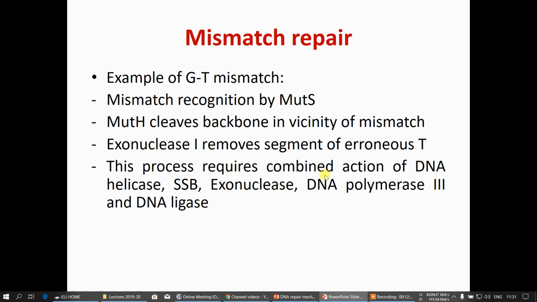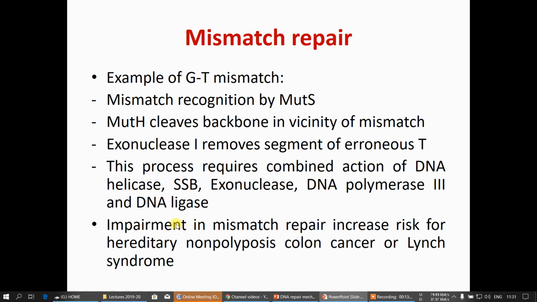This process requires the combined action of the DNA helicase enzyme for separation, single strand binding protein for binding of single strand DNA, then exonuclease enzyme, DNA polymerase and DNA ligase enzyme.